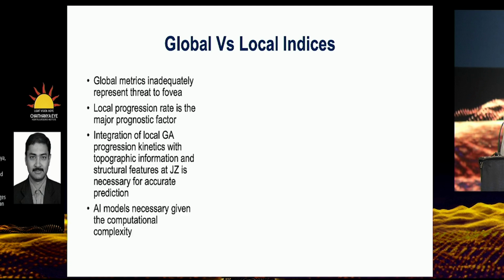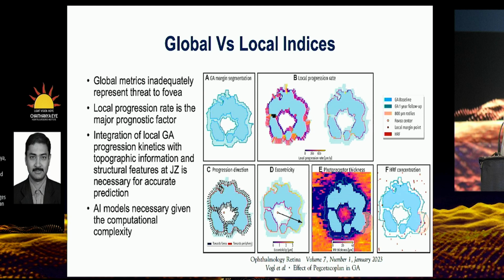So this is a paper which presented this kind of analysis where they marked the GA margins, and of course, on follow-up, the scans were superimposed, and the local progression rate at multiple points along the GA and their direction of movement, whether it is going towards or away from the fovea, was calculated. The local rates in the lesion were color-coded to show how fast or how slow the progression was.